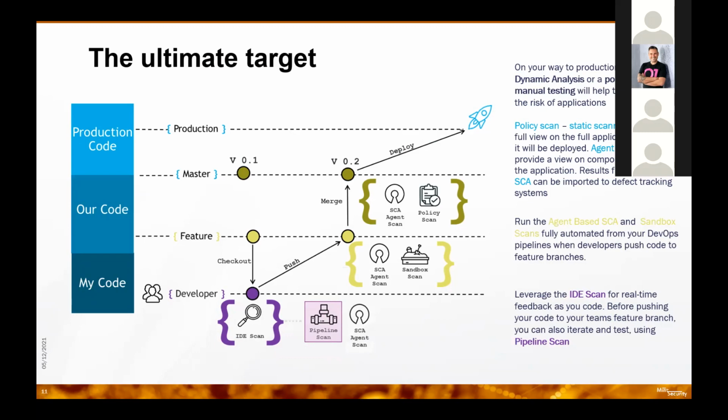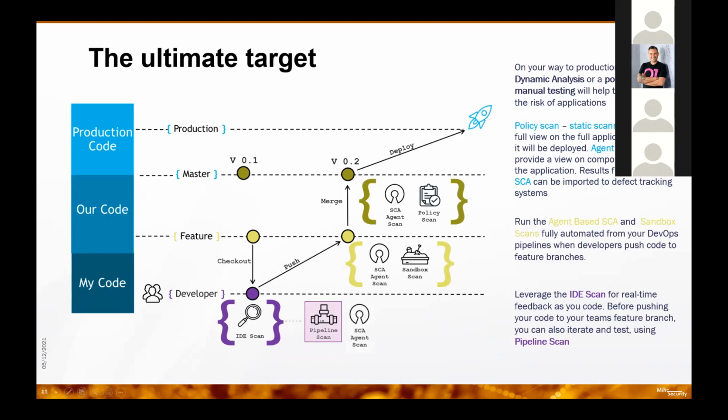The policy scan is rating your findings according to a security policy that is set up on the platform. You may want to tell developers they only need to fix very high and high severity findings, or you may want to rate the results of a scan according to OWASP standards or to PCI standards or something like that. So as a developer, with the policy scan, you should see a red shield or a green shield if your application is compliant to your policy or if it's not compliant to the policy.